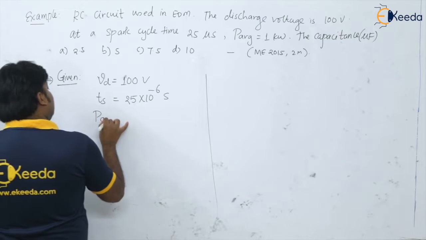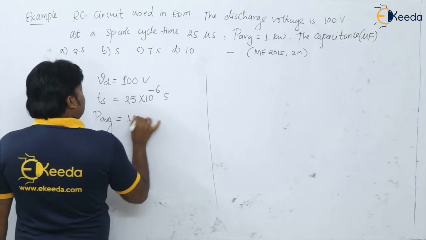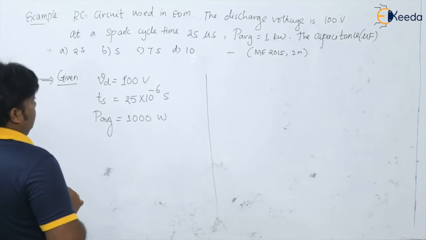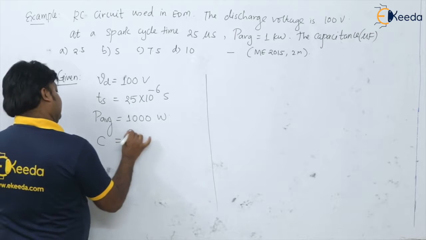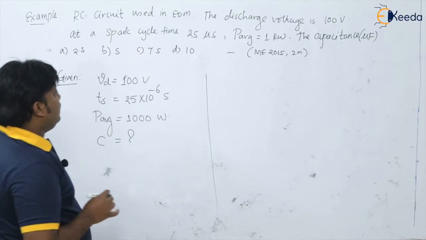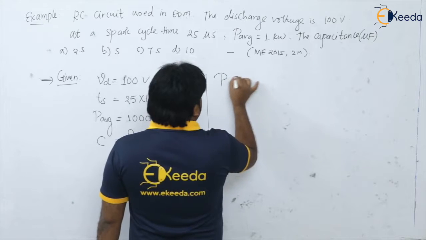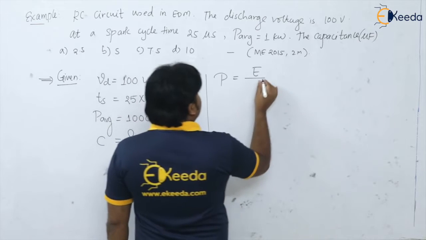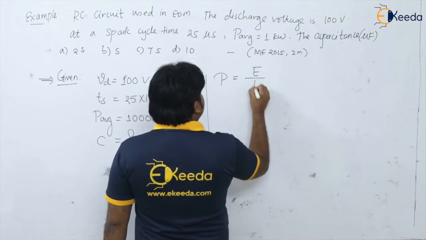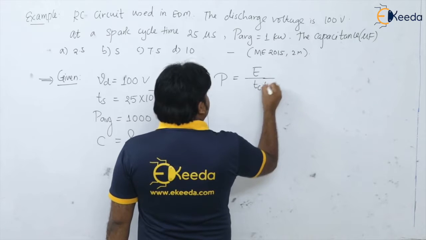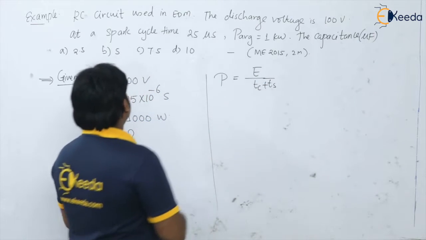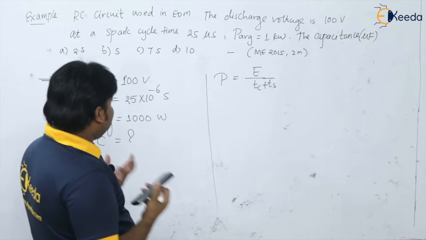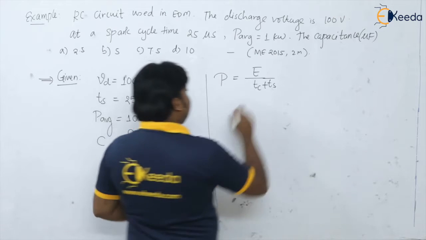And average power is how much? 1000 watt, isn't it? The value of C they are asking. We know that power is equal to what? Power delivery will be energy release per spark cycle divided by cycle time, that is TC plus TS. Here sufficient data is not given for TC, so you can neglect this.